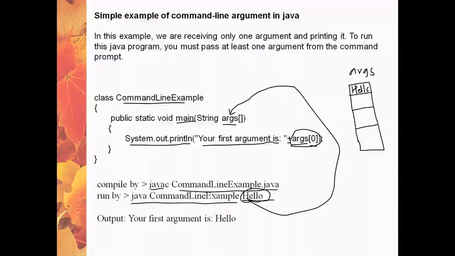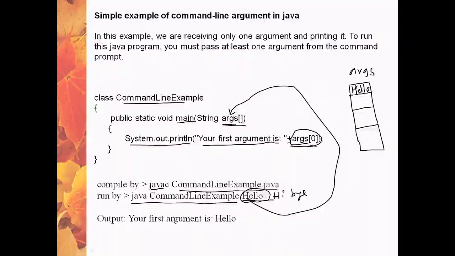And any other argument which you pass from the command line, say after hello you have passed one more argument, say hi, and after hi if you have passed one more, that is bye. All the arguments on the command line are separated by a space in between, remember. So we are passing here three arguments, hello, hi and bye. All those three arguments will be stored in this args in sequence.